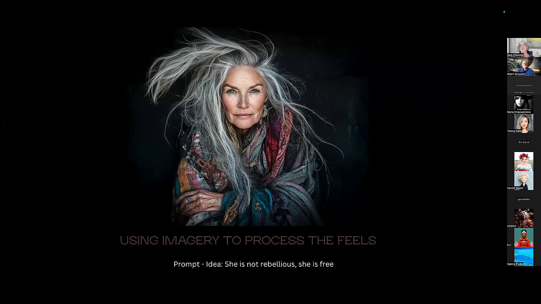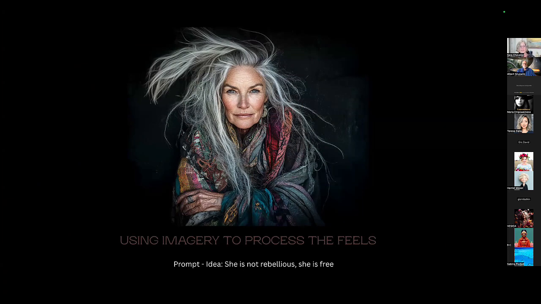I love using the idea of the crone and the wisdom and age and the beauty of the wrinkles we have. I don't necessarily want to continue creating images that look like airbrush models because there's enough of that out there. I don't need to keep adding to it.